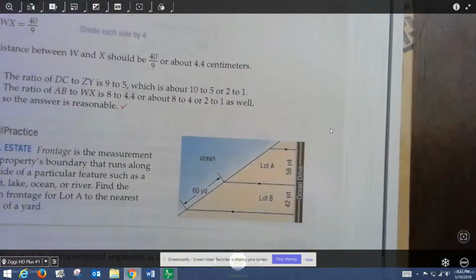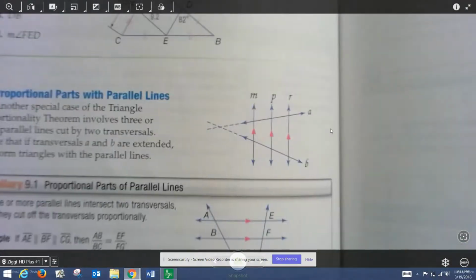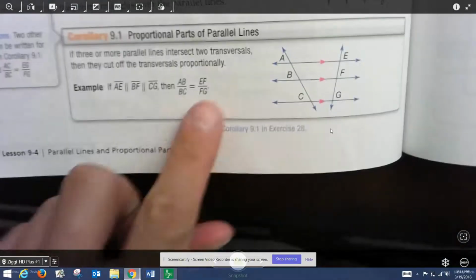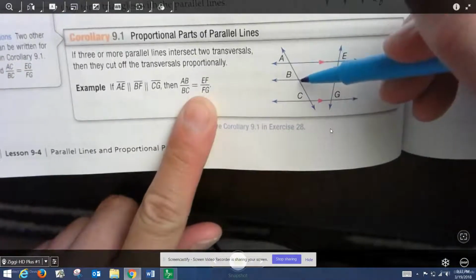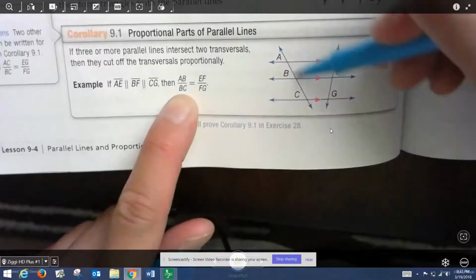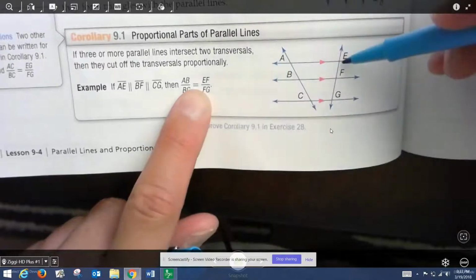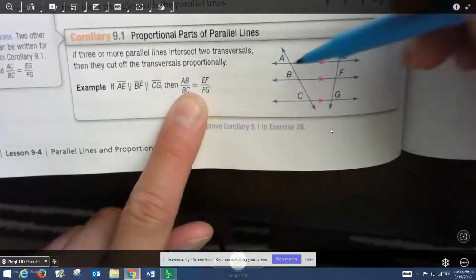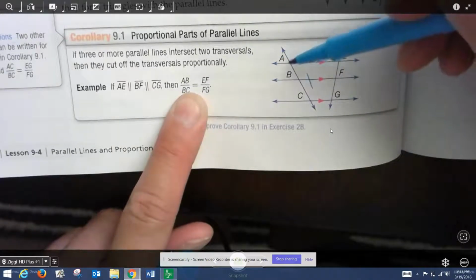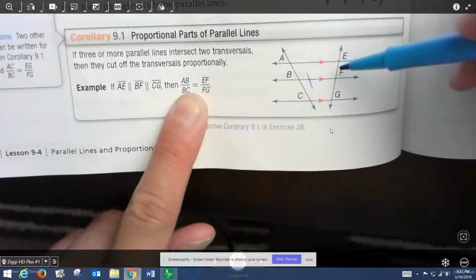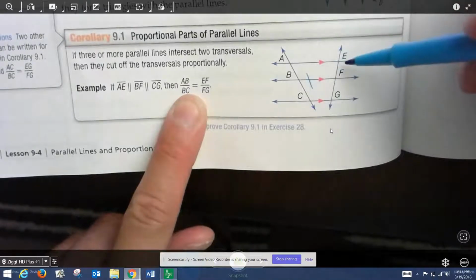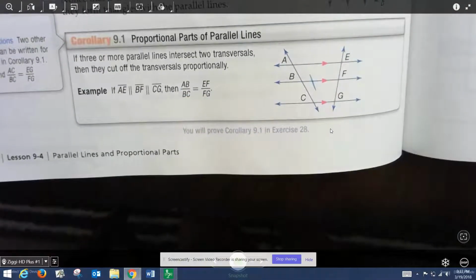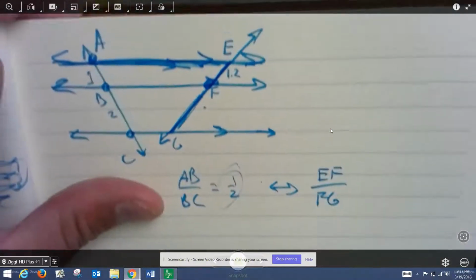Because what this says basically, whatever ratio AB makes with BC, it should be equal to the way EF is proportional, or makes a ratio with FG. So the ratio between these segments is proportional to the way these segments are related. And if you can see it by this logic, I mean, just look at my picture.